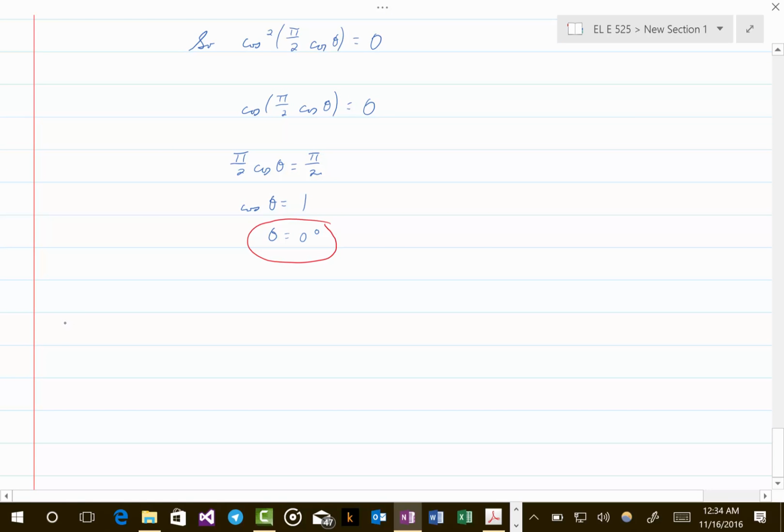So if we use L'Hopital's rule, it says that f of theta equals 0 degrees, phi equals 0 degrees, is equal to the limit as theta goes to 0 degrees.